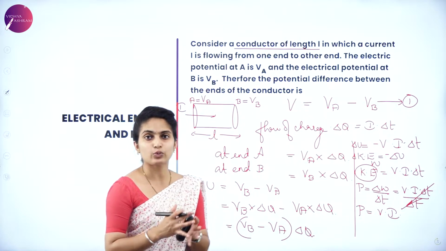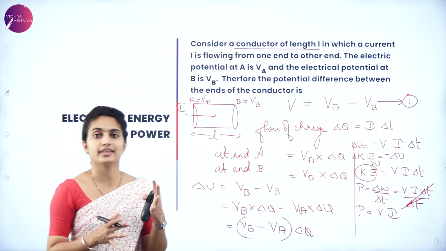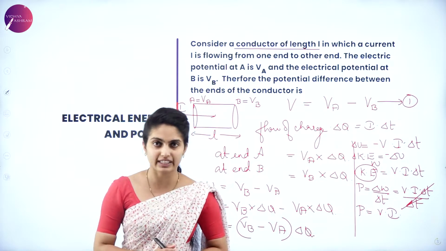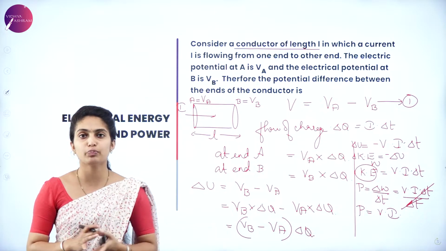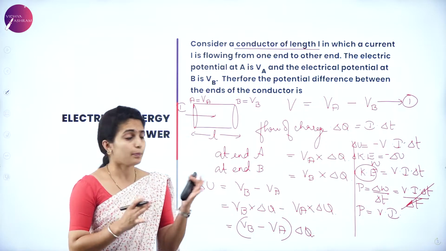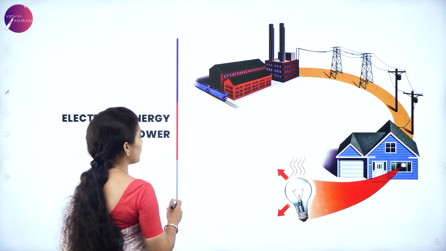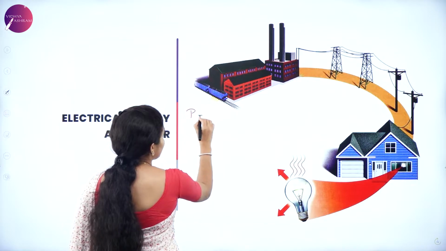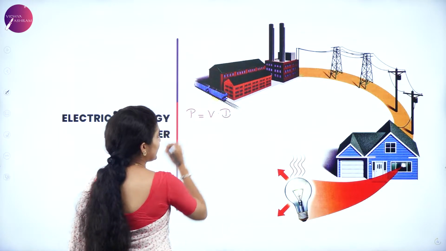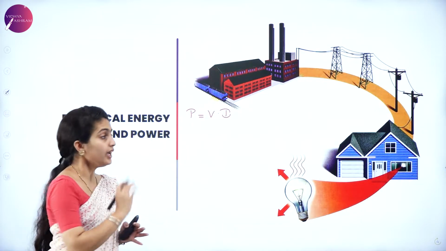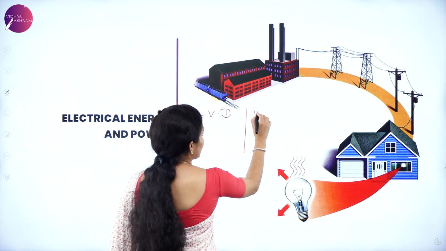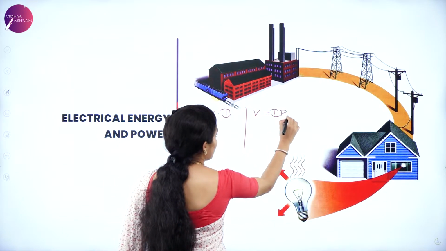Having P equal to V into I, we get into the power loss equation. How do you get the power loss equation? We have the equation P equal to V into I, and we know that V is equal to I into R by Ohm's law.